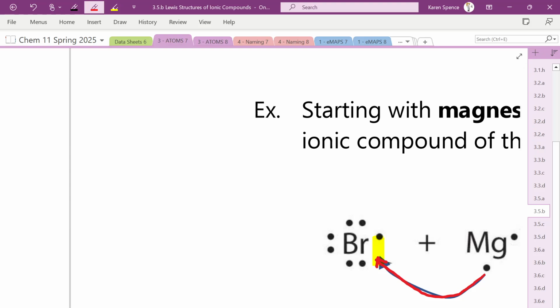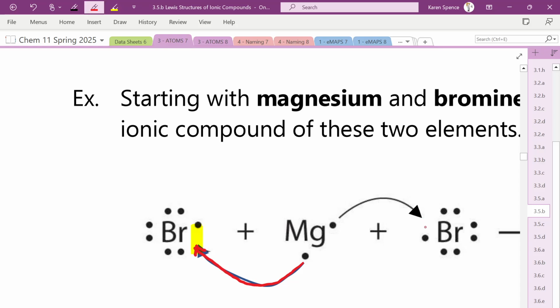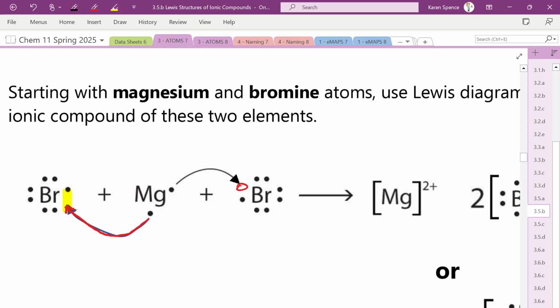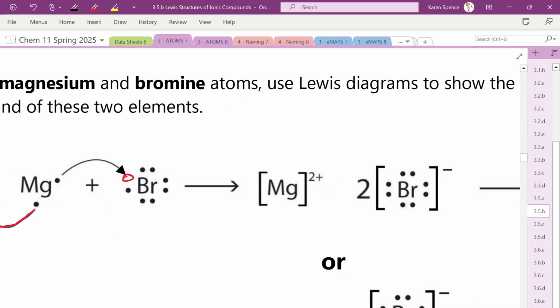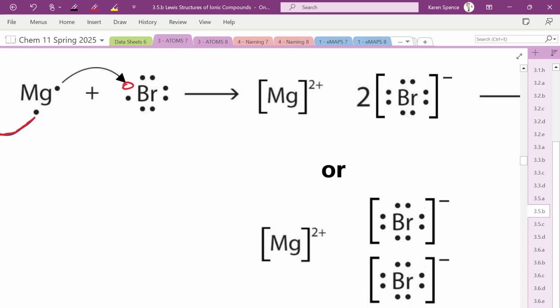Yes. Bromine is satisfied. Is magnesium satisfied? No. How could we fix that? Add another bromine because that gives us another gap. And then we will have magnesium with 2 bromines, or MgBr2.